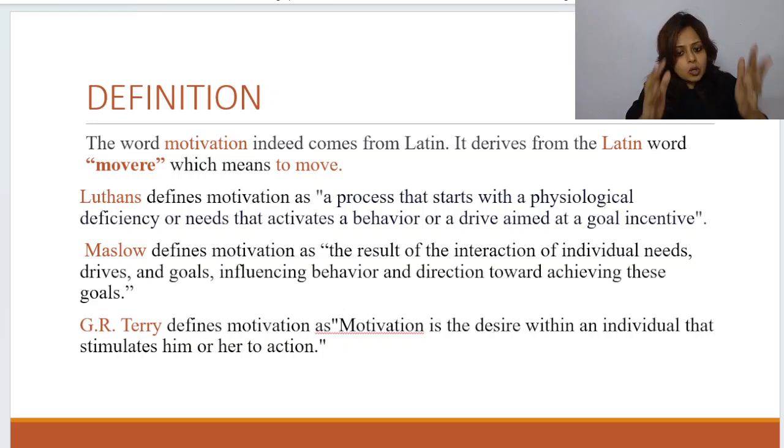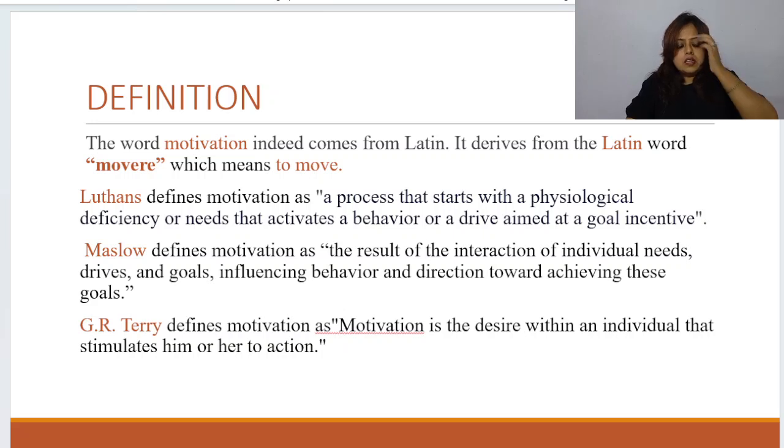And in all these 3 motivational definitions, all these authors have tried to explain that motivation is a process through which an individual is instigated or stimulated to take an action so that they can achieve their ultimate goals.